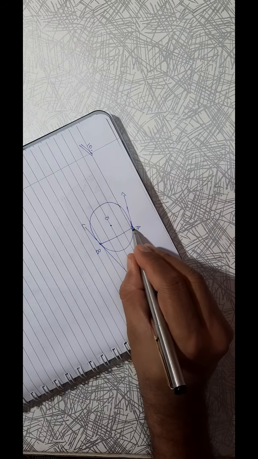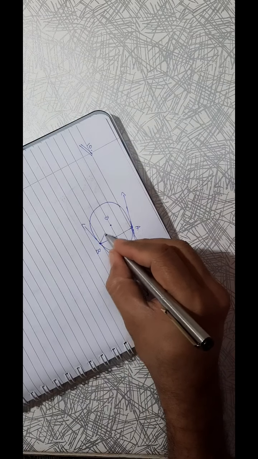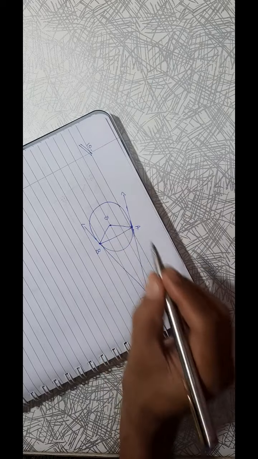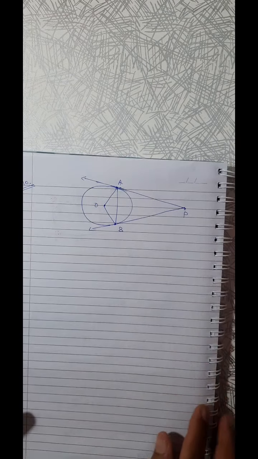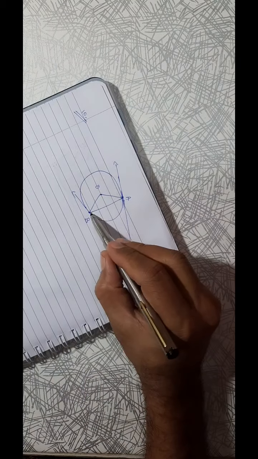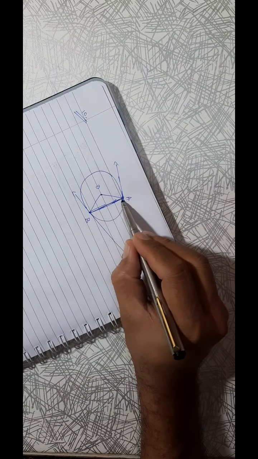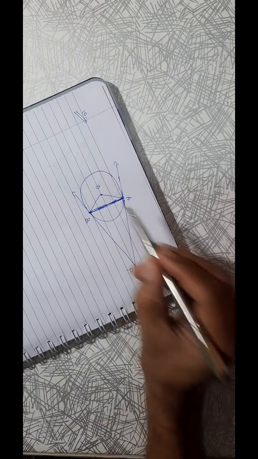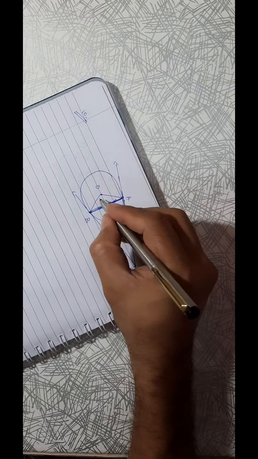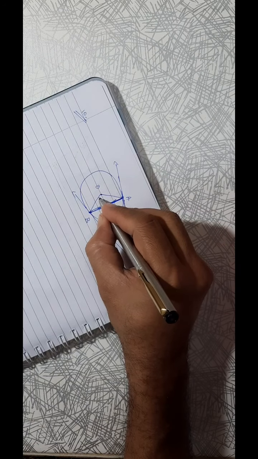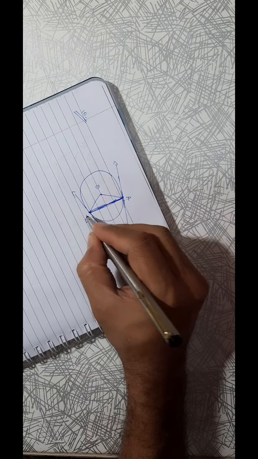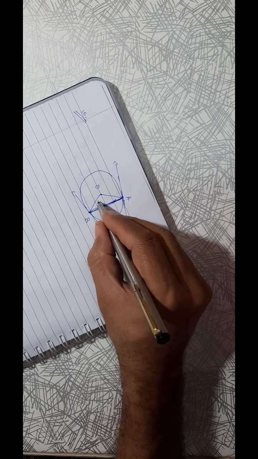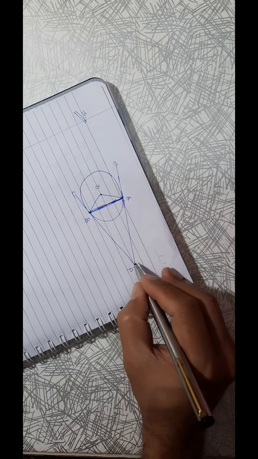The angle subtended by the line segment joining A and B means this angle AOB. AB is subtending an angle at the center, and this angle is 180 together with it. That is what we have to prove.